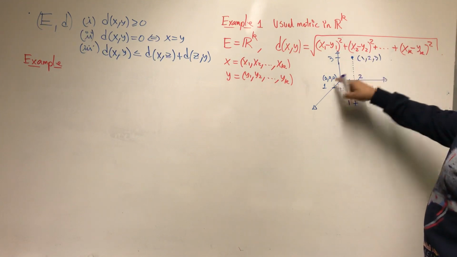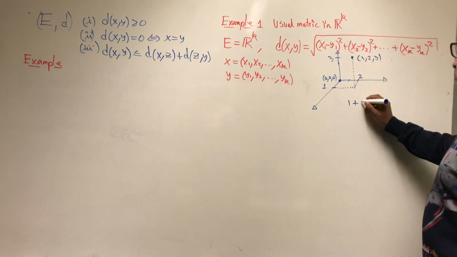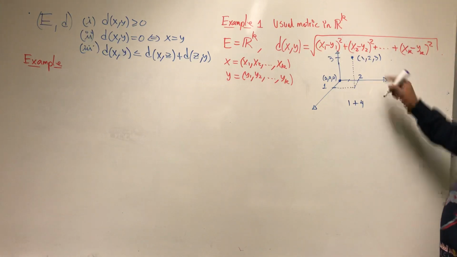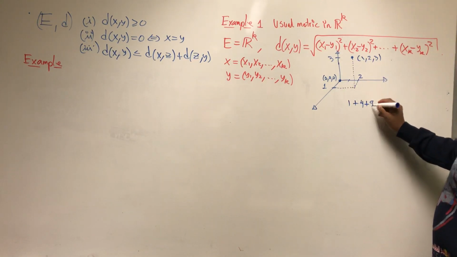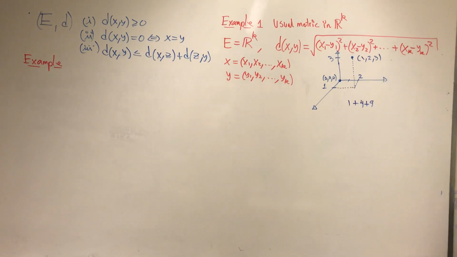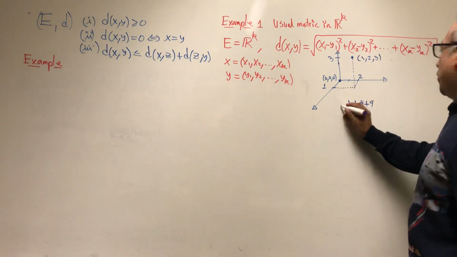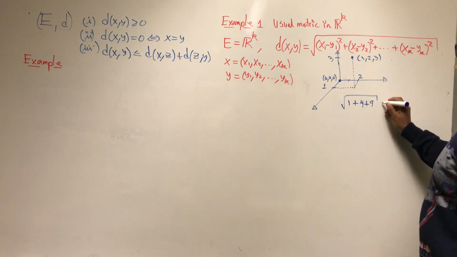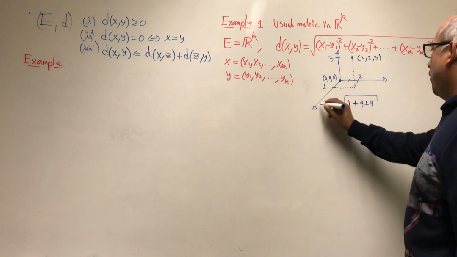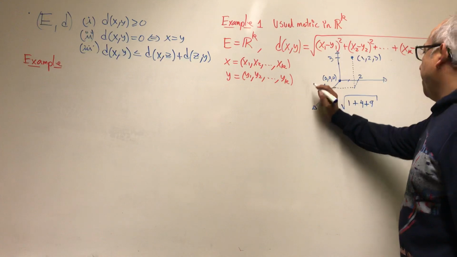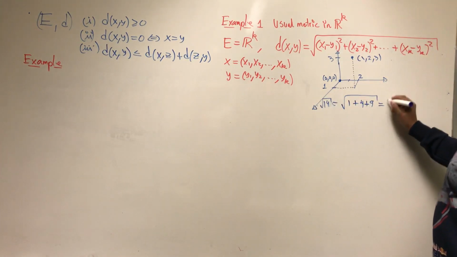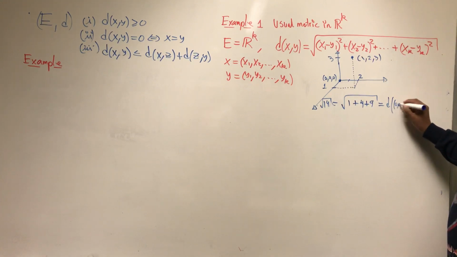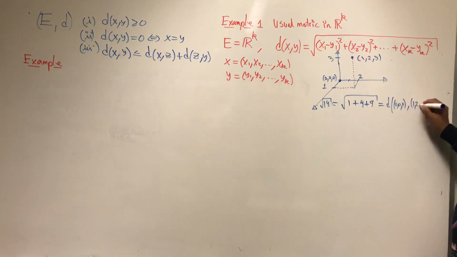Subtract the second entries, 2 minus 0 is 2, and square it, that's 4. Subtract the third entries, that's 3, square it, that's 9. The answer is 14, and then you take the square root. That is the distance from (0, 0, 0) to (1, 2, 3), the square root of 14. That's called the Euclidean distance.